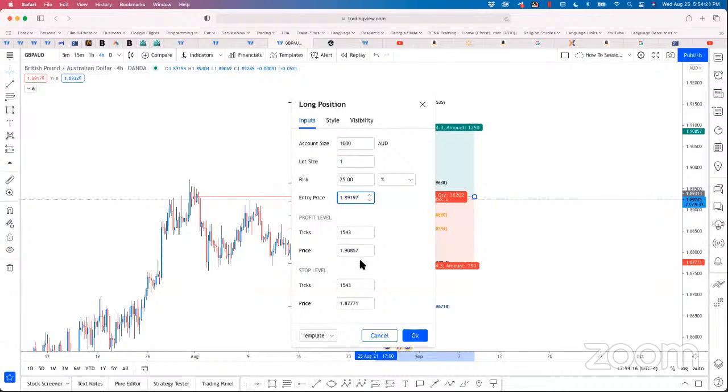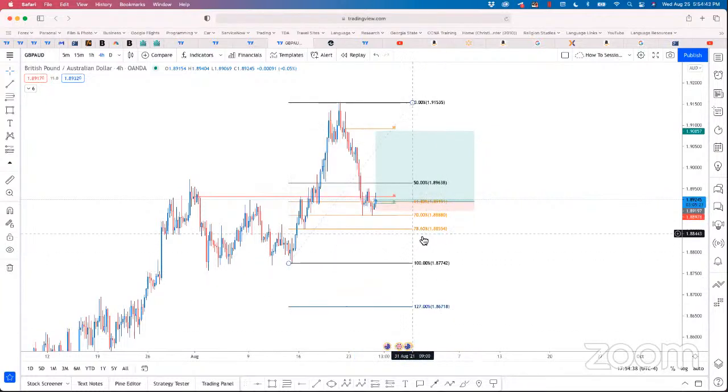And what was the stop loss? I just put it on the 15-minute low, which was 1.88978. Don't ask me why I moved it. It just wicked me out.